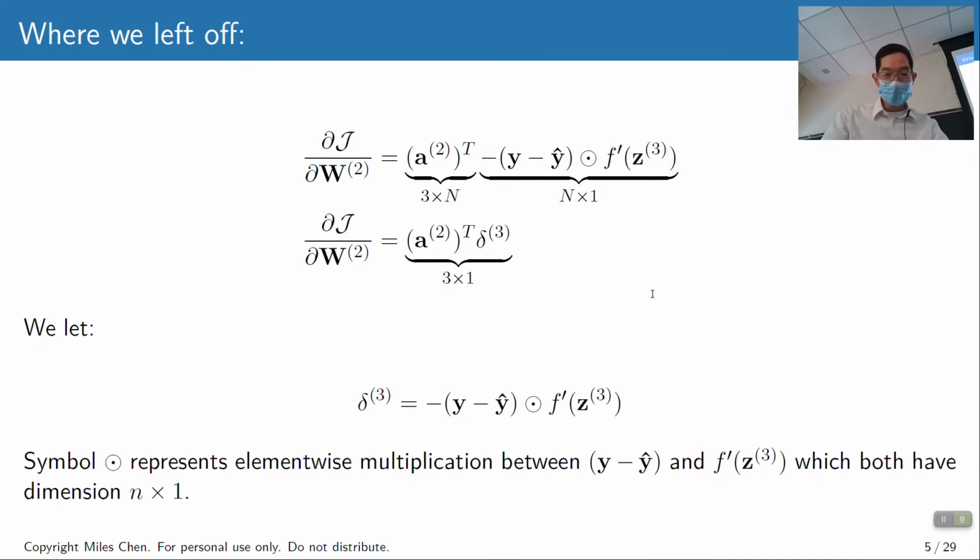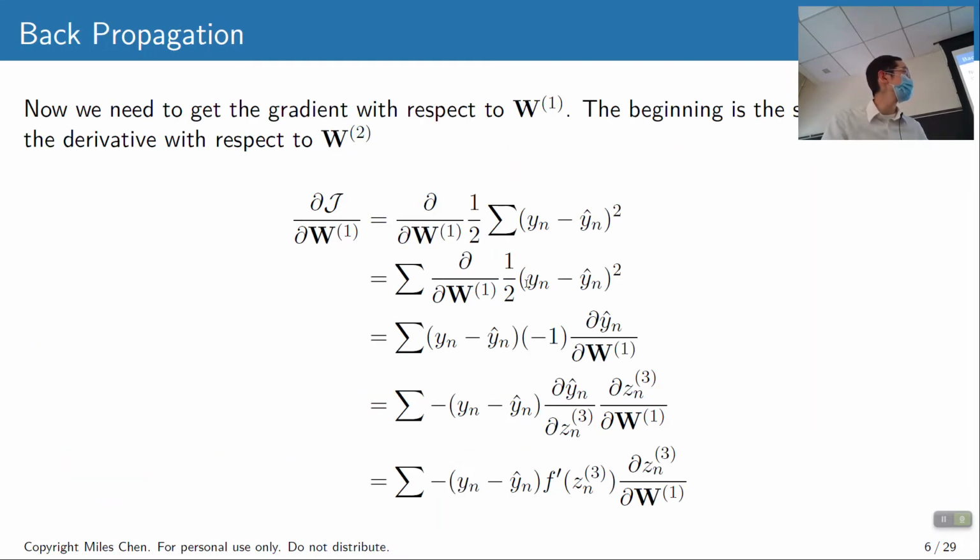Okay, I think that's where we left off. We actually got a little bit farther than this. We found the gradient with respect to the second weight matrix. And I know there are some questions about when do we do element-wise multiplication, when do we do matrix multiplication, and all kinds of stuff like that.